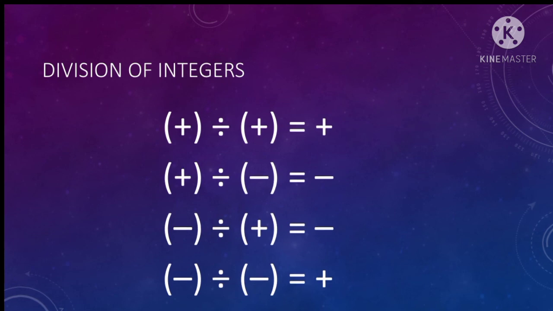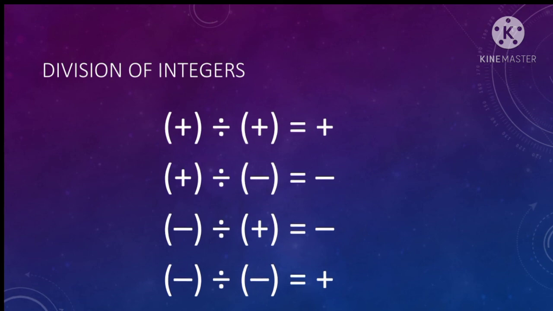But if the given signed numbers have unlike signs, the product or the quotient must be negative.